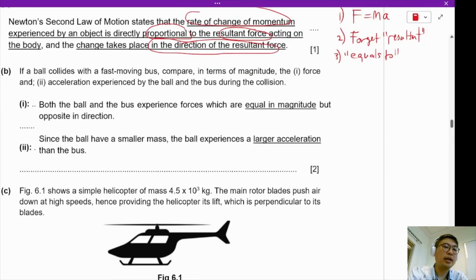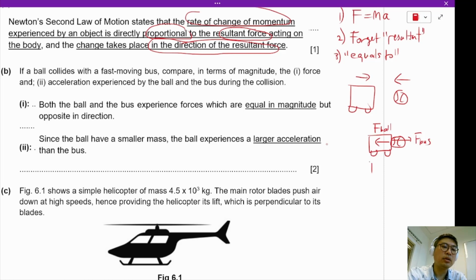The ball is colliding with a fast-moving bus. So here is a bus that is moving towards a ball. When the ball and the bus collide, the ball will exert a force on the bus, and the bus will exert a force on the ball. According to Newton's third law, the forces on the ball and the bus will be the same.